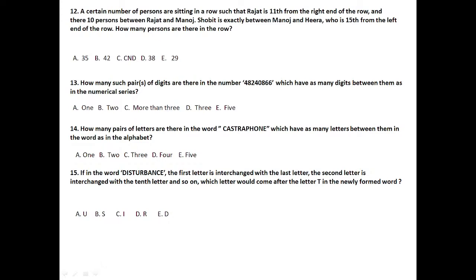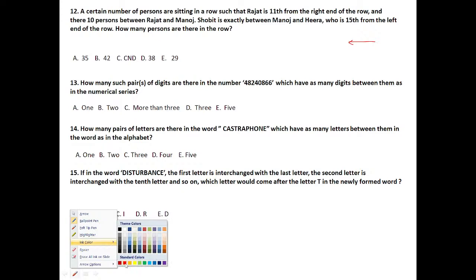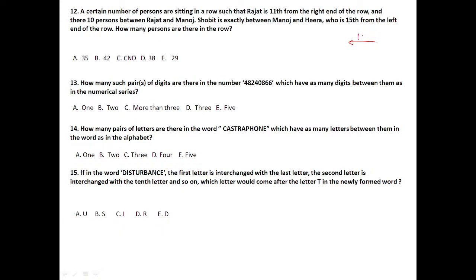So first of all, just draw the statements. Here it is, Rajat is 11th from the right end, right? Rajat is 11th from the right end, means there are already 10 persons here. Rajat is here, right? Now there are 10 persons between Rajat and Manoj.